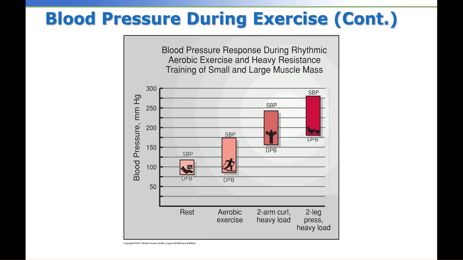Blood pressure during exercise. This just talks about how you have your at-rest systolic and diastolic blood pressure, and then you have your aerobic exercise. Your diastolic doesn't move very much at all, but your systolic blood pressure goes up. You see this on a graded exercise test, like a treadmill test.